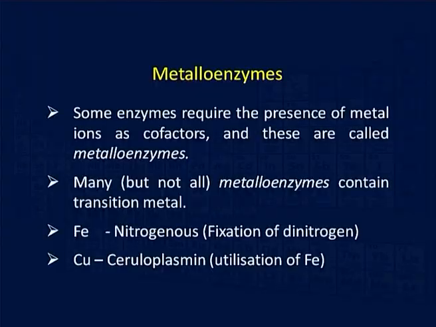The second example of a metalloenzyme is the ceruloplasmin protein. It is a copper protein and is involved in the utilization of iron, and the main constituent of this protein, as I said, is the copper metal ion.